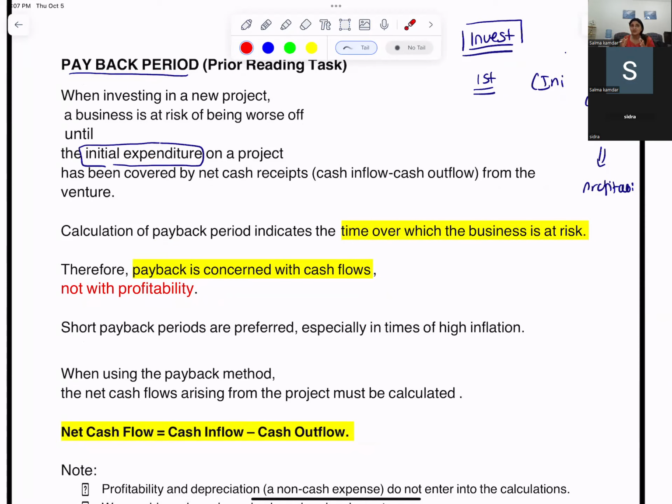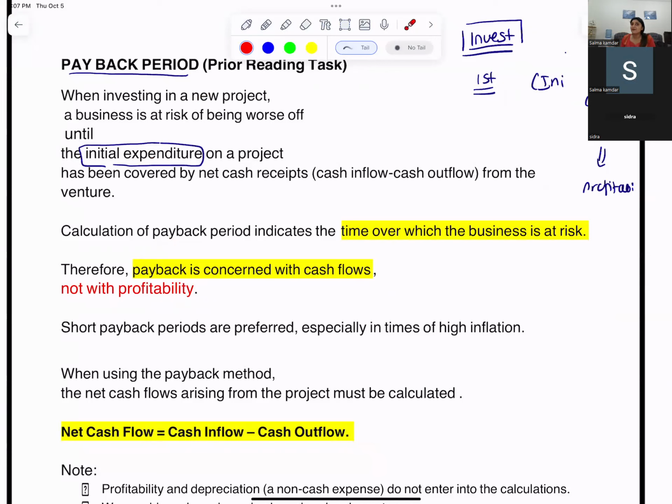Your initial outlay on the project, within how many years that cash will come back.